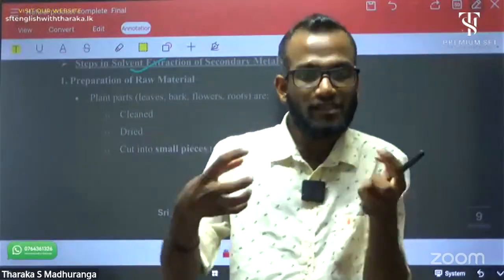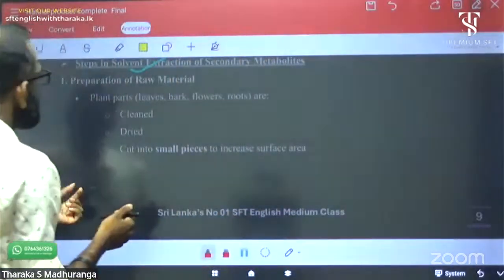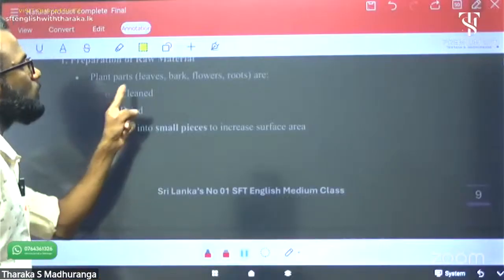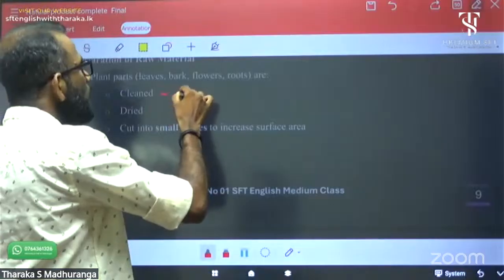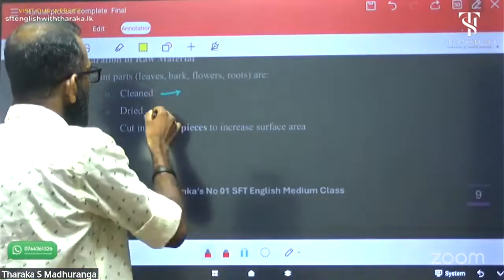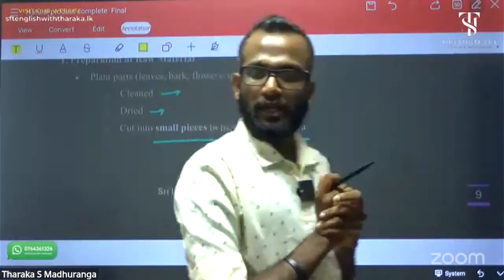The contact surface area with the solvent is greater. Think of plant parts: leaves, bark, flowers, roots we can use. First we have to clean this plant material, dry it well and cut it into small pieces to increase the surface area.